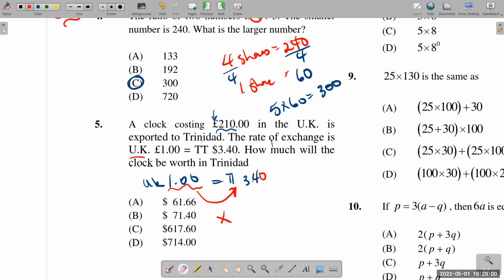It says, how much will the clock be worth in TT dollars? So you know you're changing this amount of money to TT. So you must multiply by 3.40. If you understand what you're doing, you're multiplying 210 by 3.40.